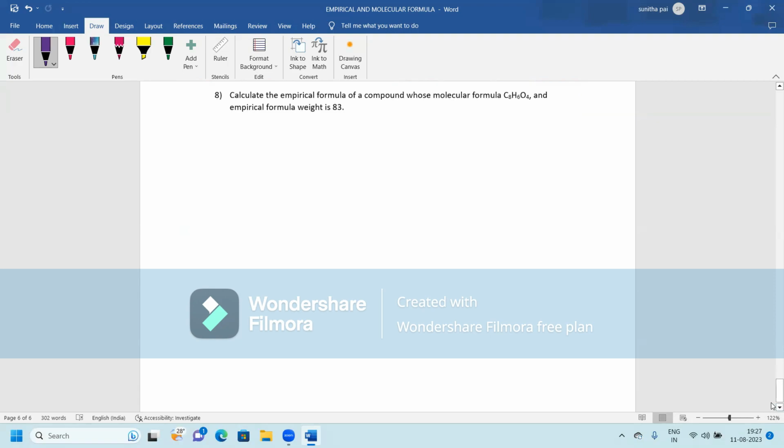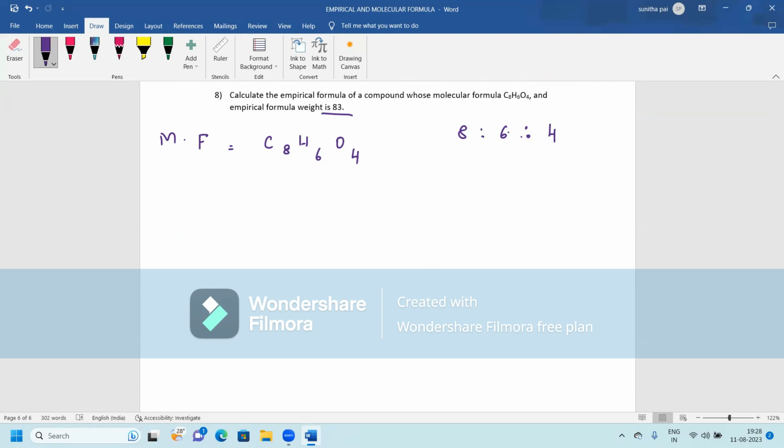Calculate the empirical formula of a compound whose molecular formula is C8H6O4. They have given the empirical formula weight. Actually, I don't need the empirical formula weight. I will just copy the ratio, and can I divide all of them by 4?